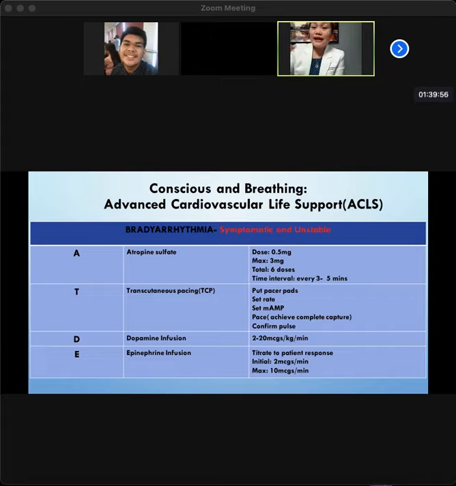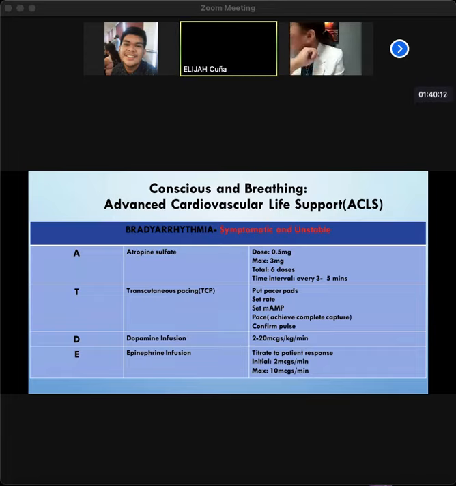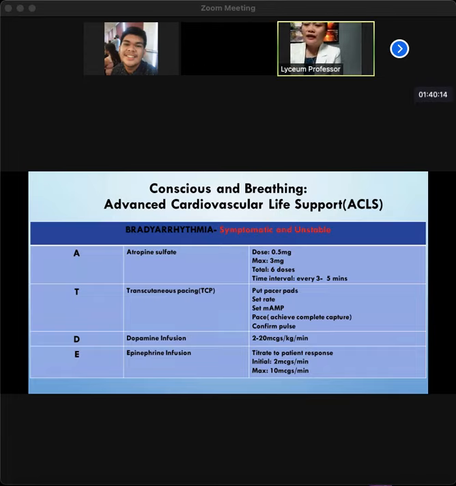Okay? For the patient's welfare din. Okay? Naintindihan? So, again, pag yung Brady arrhythmia is asymptomatic and the patient is stable, what is the treatment? Observe po. Observe. What if it's symptomatic? If the patient is symptomatic and unstable, you just memorize your 4 ATDE. Okay? Atropine, transcutaneous pacing, dopamine, and epinephrine.